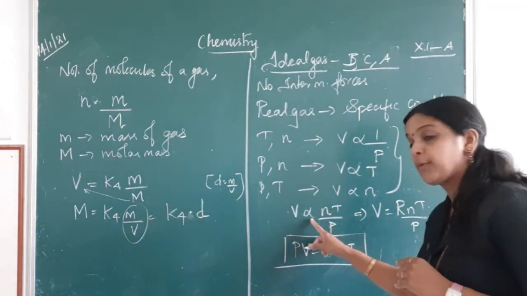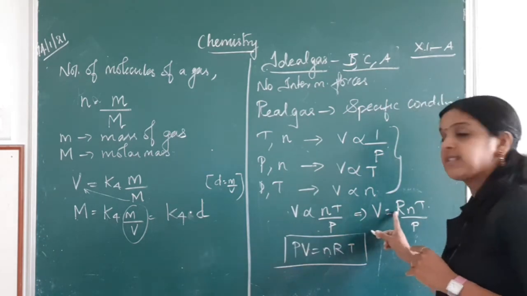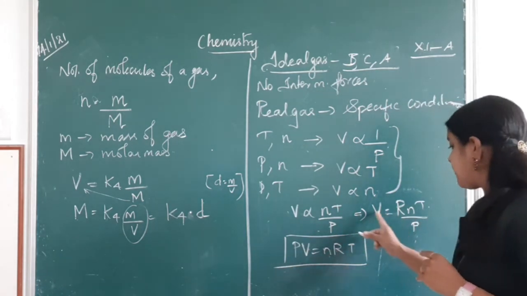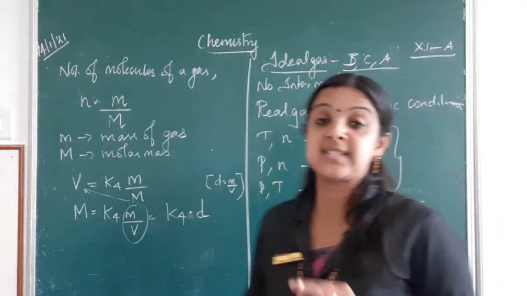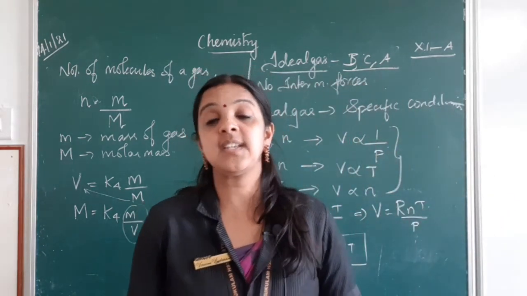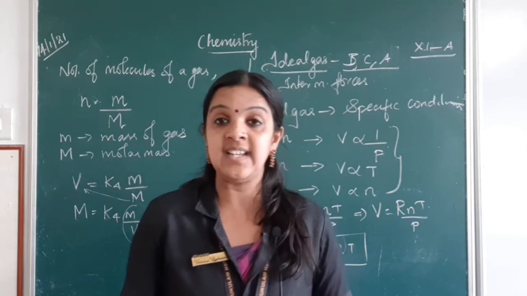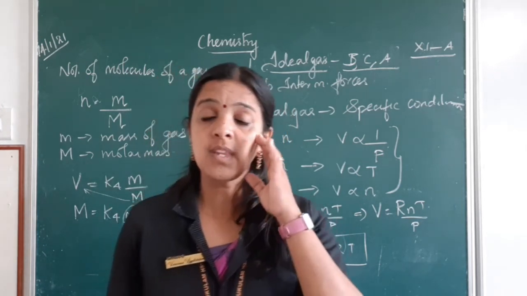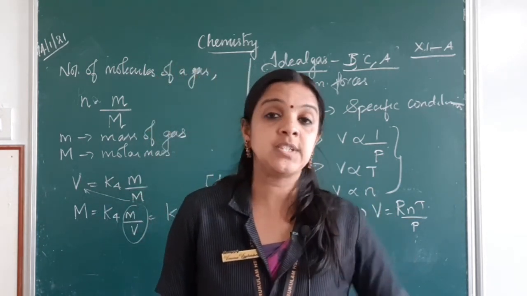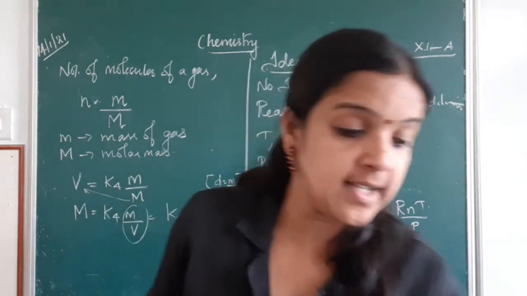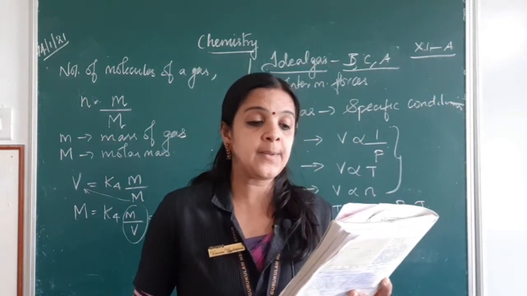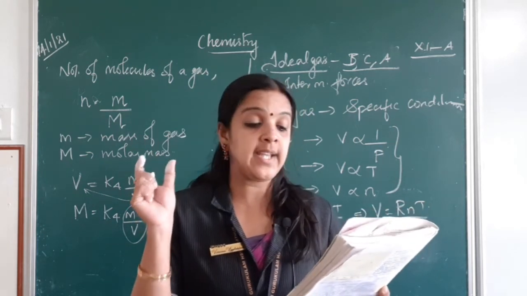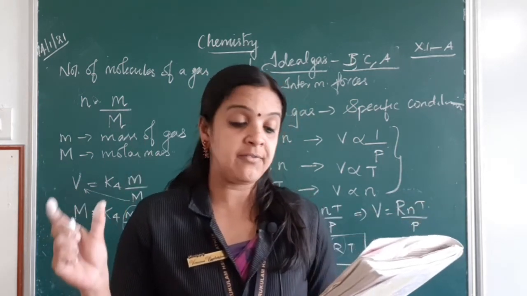To remove this proportionality, I introduce a constant which is R. So PV is equal to nRT, where R is called the universal gas constant. Now this equation we call an ideal gas equation. So the derivation of the ideal gas equation comes in 2 marks, which is already given there, and you can see the value of R being 8.314 joule per Kelvin per mole.